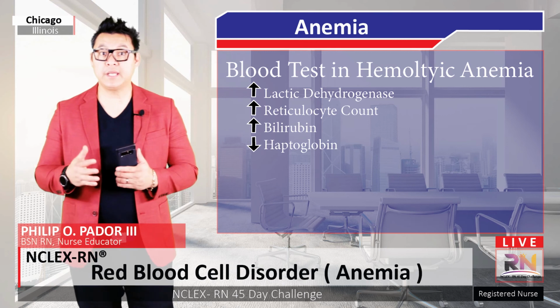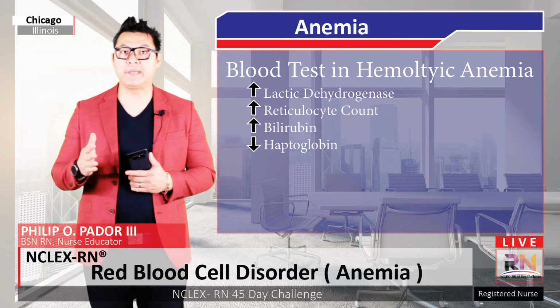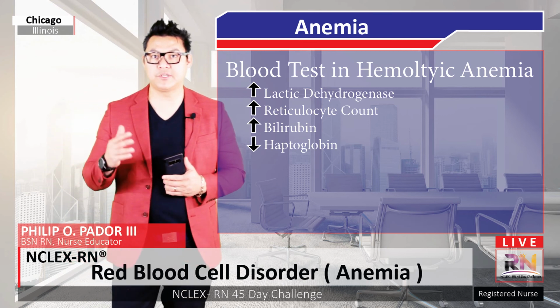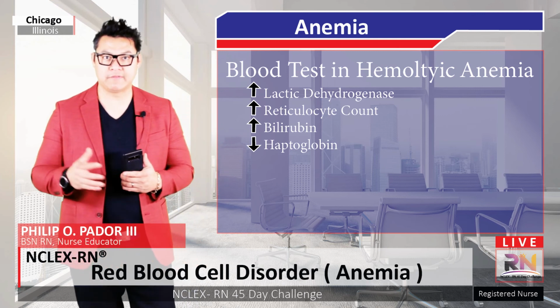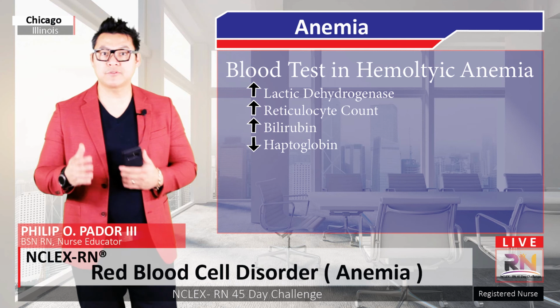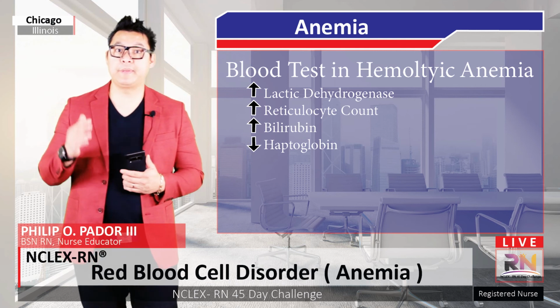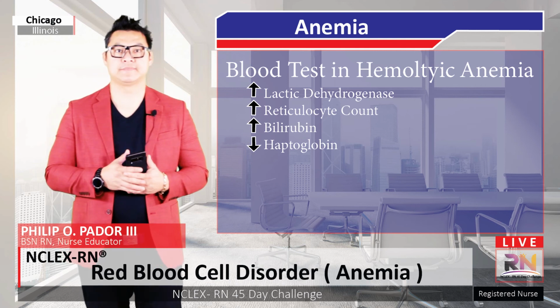There should be an increase in bilirubin, which also means that the person can present with jaundice. And finally, low haptoglobin levels, because they are bound to free hemoglobin and are being cleared up by the body.